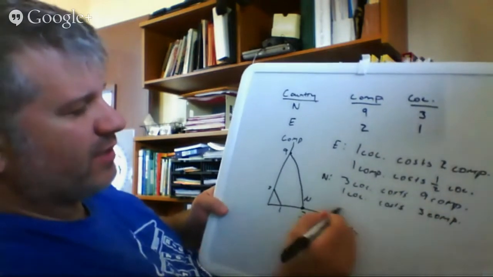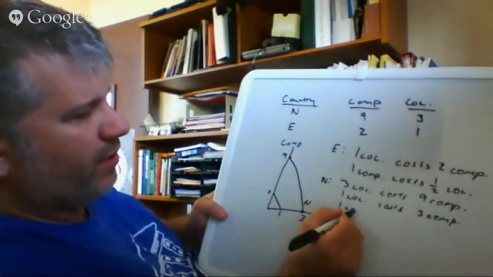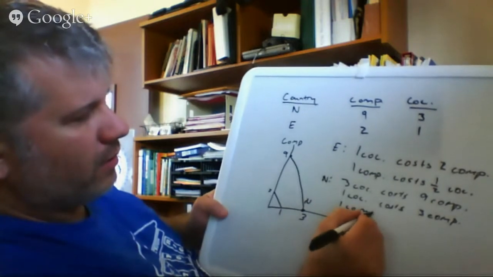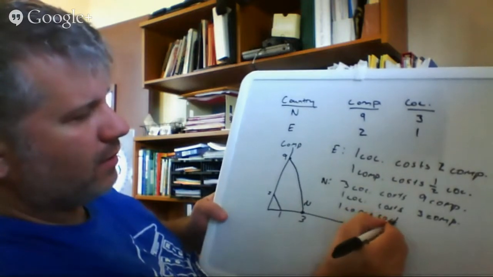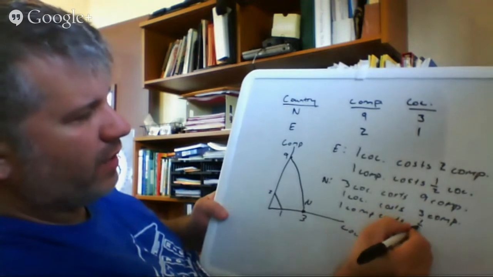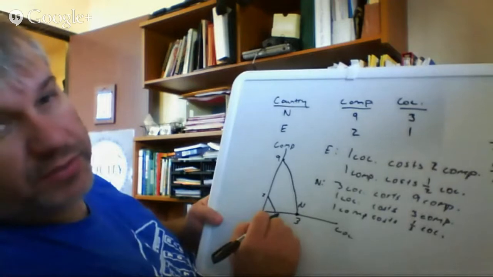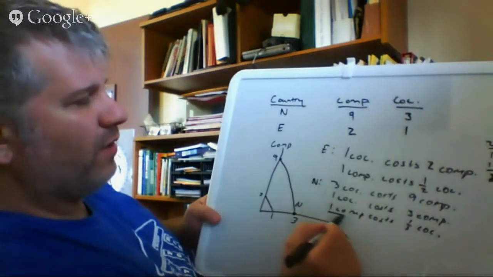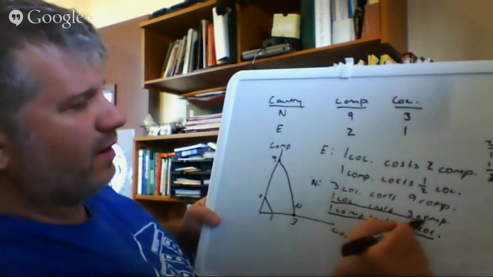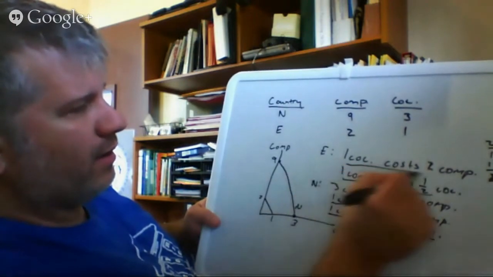And if we take the reciprocal of that, then one computer costs a third of a coconut. These are some expensive coconuts, by the way. So the relevant prices we're concerned with are right here and here, here and here.